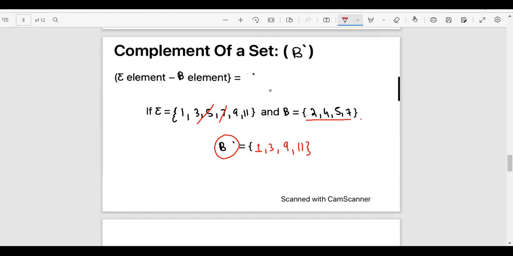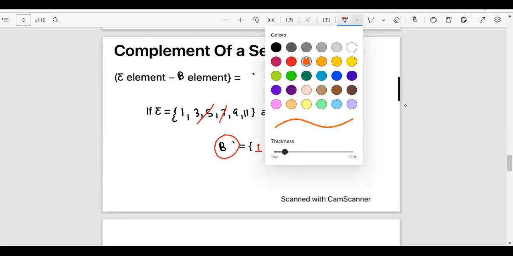Ma'am, why is there 2? Okay, let me write it again.